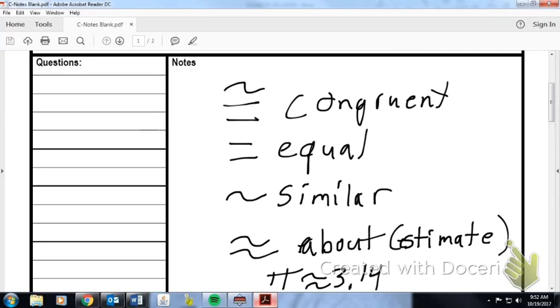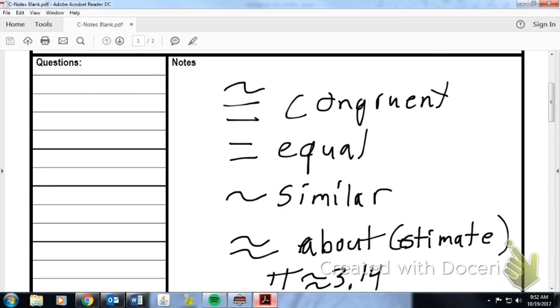Going up, we then have similar. Now, similar we'll get into a lot later in this year when we deal with similarity, but that's not something we deal with now. Up above, the last two are the equal sign and the congruent sign. Now, the equal sign deals with numbers, okay?